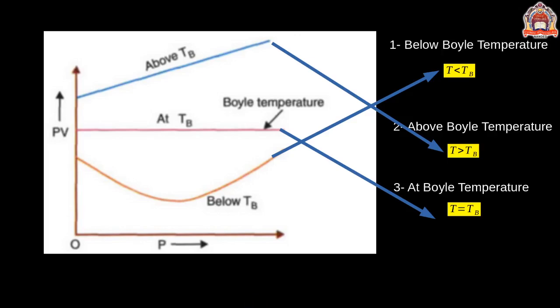Boyle temperature is that temperature above which a real gas behaves like an ideal gas and obeys Boyle's law. So this is the behavior of gases at high pressure and Boyle's temperature.